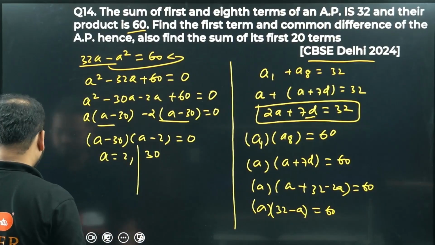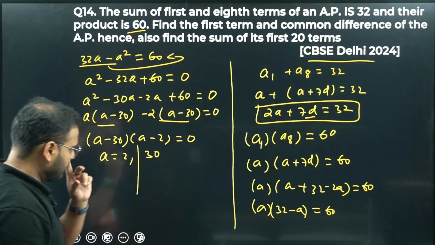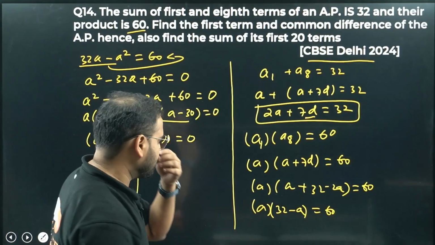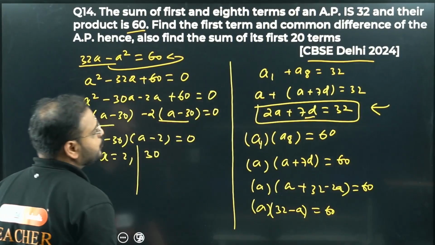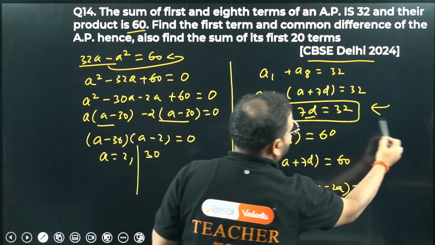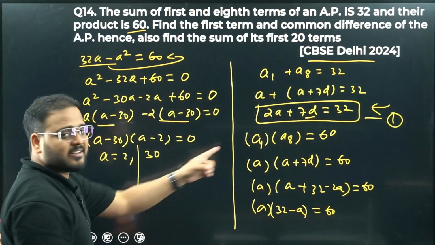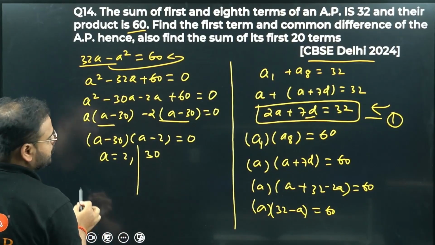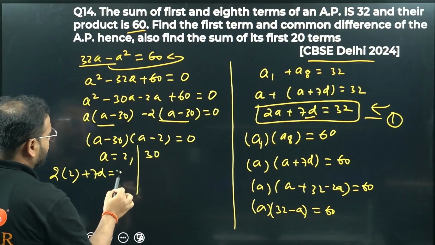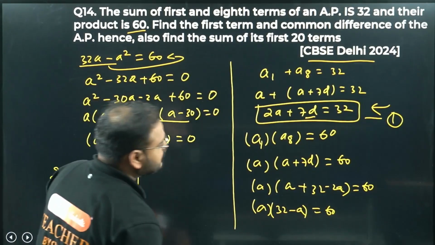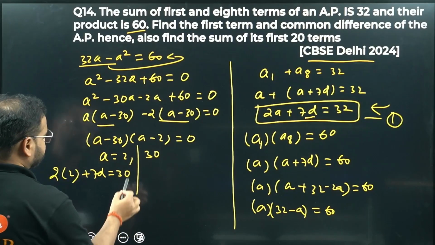Chaliye. Okay. Now for a equal to 2 I can find the common difference. Please check. Can I check from here? For a equal to 2, if I take this to be equation number 1, I'll put a value as 2 and get the d value from there. So put a as 2. So 2 times of 2 plus 7d equals to what? 32, right? Excuse me.